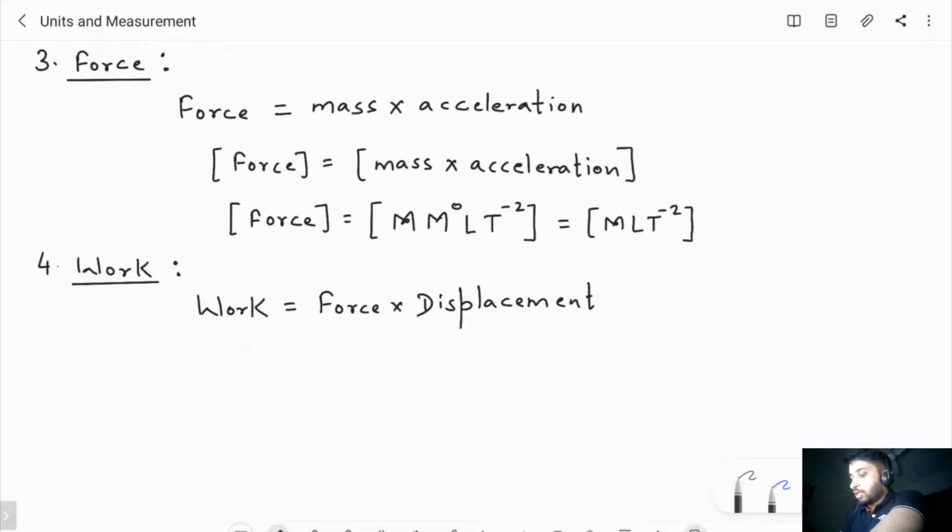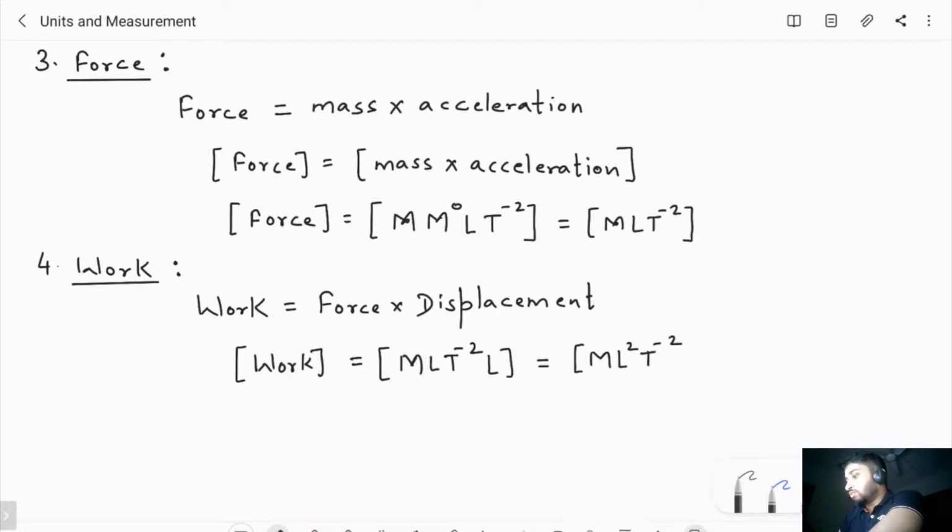Okay, so now we can write it directly. The dimensional formula for work will be the dimensional formula for force, which we already know, that is M L T minus 2, and displacement is nothing but length. So upon simplification we'll get M L square T minus 2.